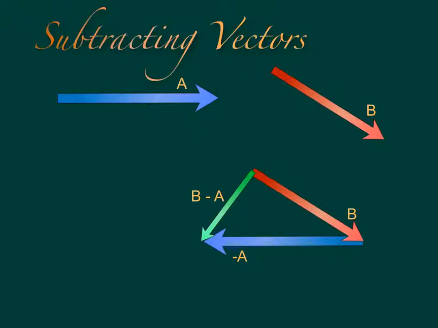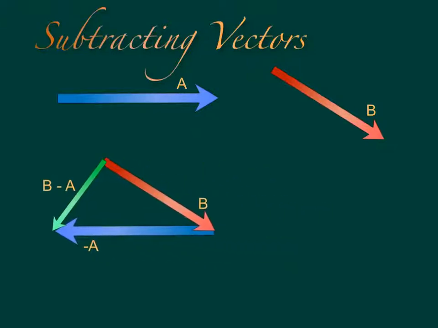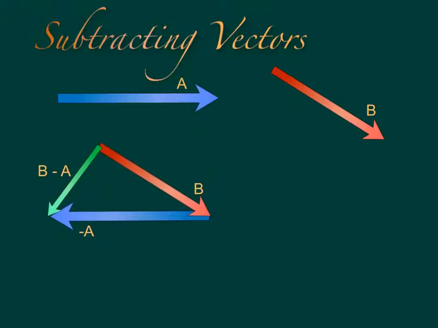And you might think, well, can we do this another way? Well, if that's what B minus A looks like, I wonder what A minus B looks like. So let's try that.